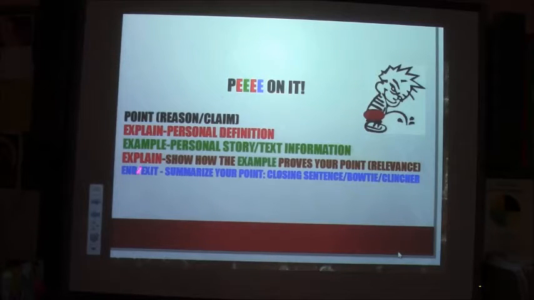And then we're going to, of course, exit our paragraph. Now, in the past, you've heard terms like bow tie sentence and clincher, okay? For our P, so for you to remember the last part, we're going to call it an exit statement. So we can exit out of the paragraph so we can move on to our next point, our next body paragraph. Okay?